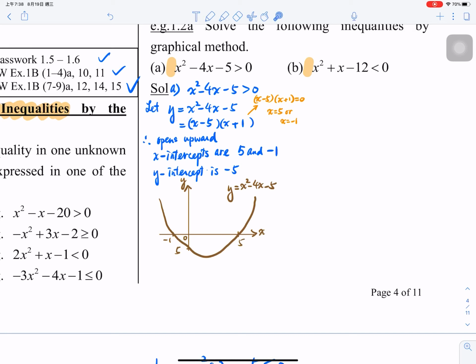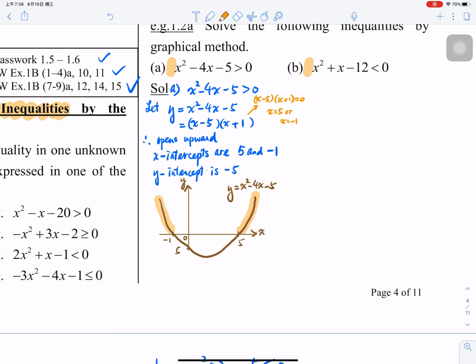Okay, the last step. This one is greater than 0, that means the graph is greater than 0. What means greater than 0? That means which part of the curve is above the x-axis. So you see that this part and this part, right?